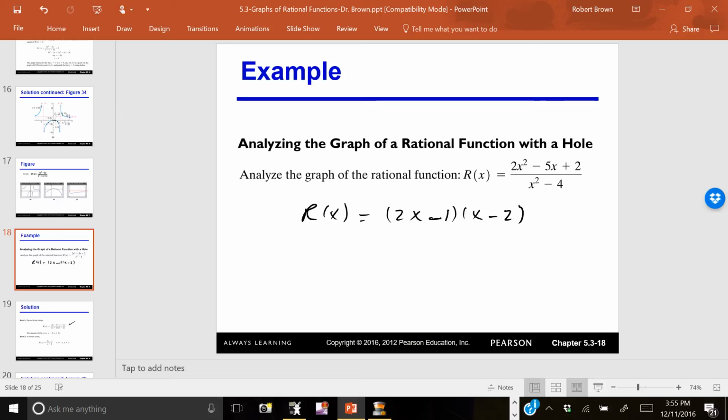Okay, so we got 2x minus 1 times x minus 2. Let's check it out: 2x squared minus 5x plus 2. So we see the zeros are at 2x minus 1 equals 0, or x equals 1/2, and at x equals 2 are the zeros.